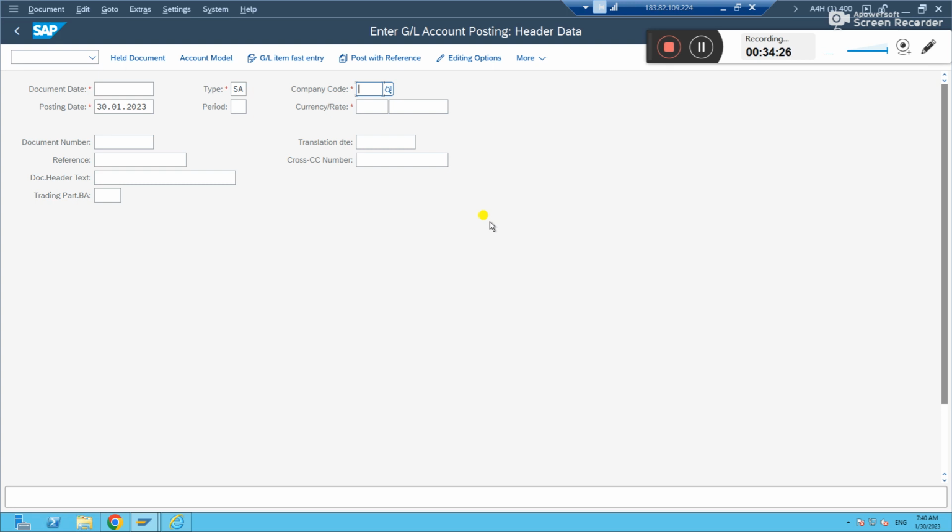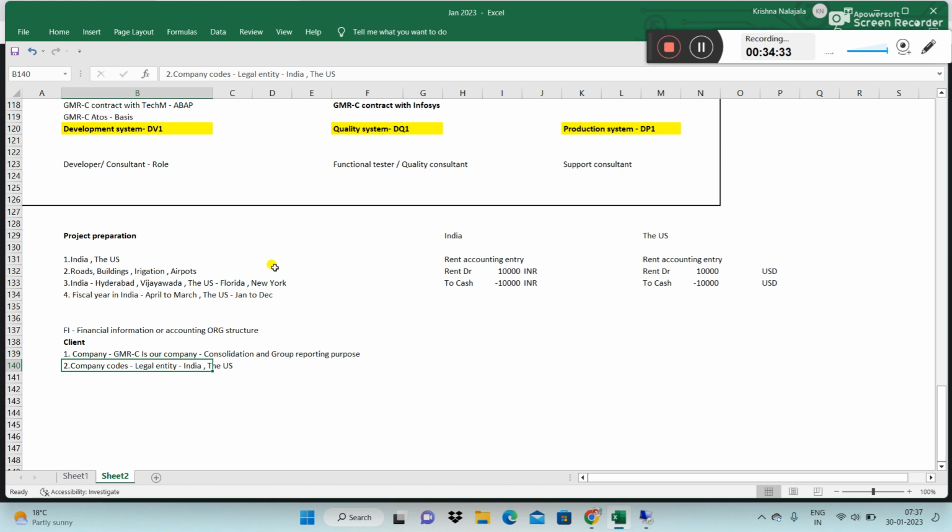There should not be any confusion. Only under a company code or a legal entity will business transactions be recorded.